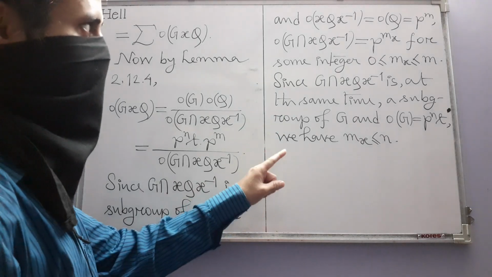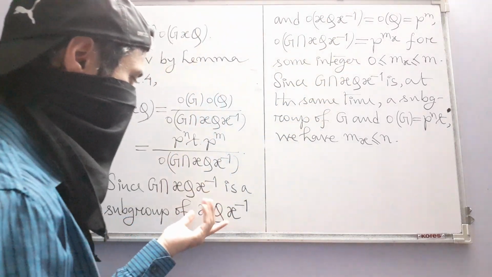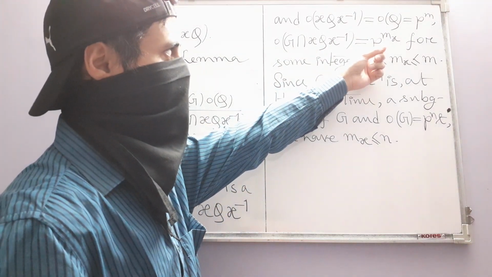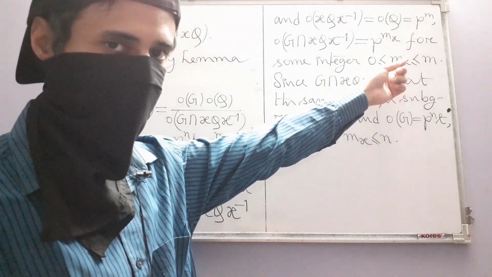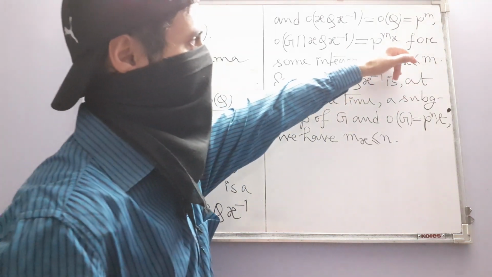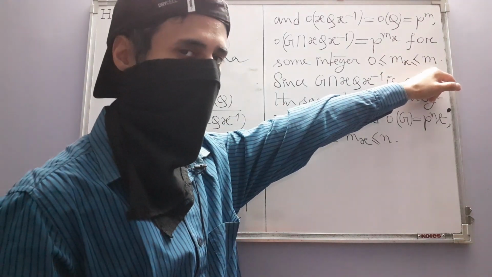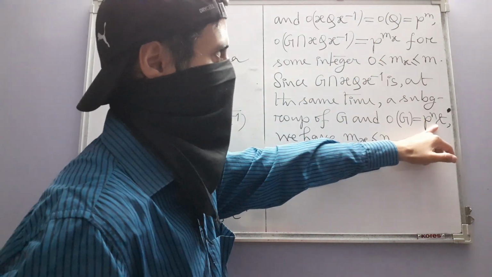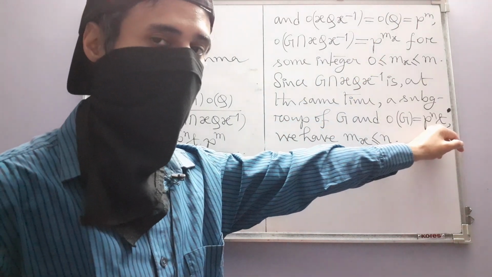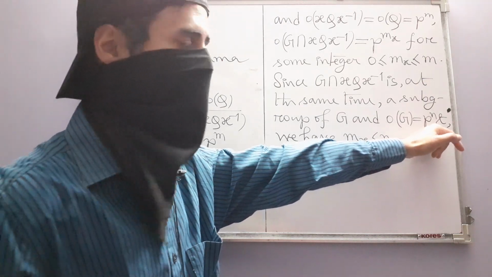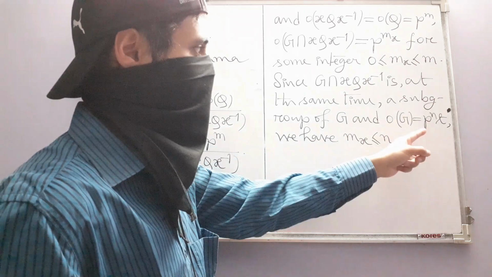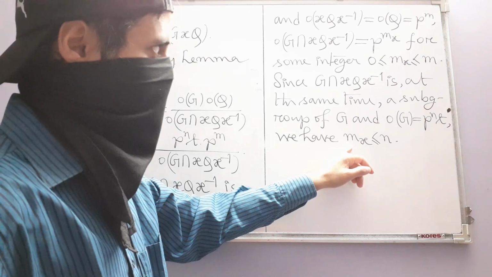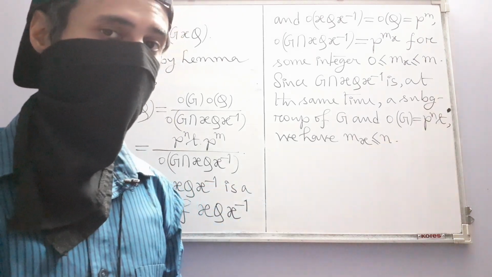I mean, see, again, now using the fact that this intersection is a subgroup of this, we have come to know the form of the order, the form of that number. It has to be a power of p, where the exponent mx does not exceed m. But at the same time, we now know that this number has to divide this. Since t has nothing to do with p when we are talking about division, p to the power mx has to divide p to the power n. So mx also should not exceed n.